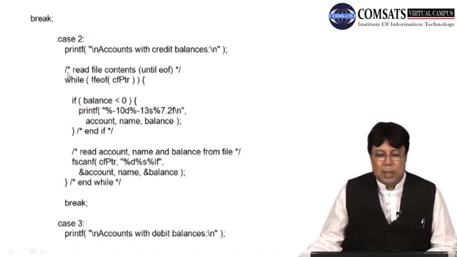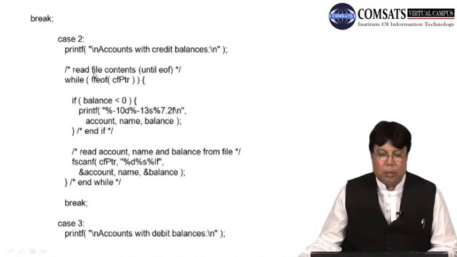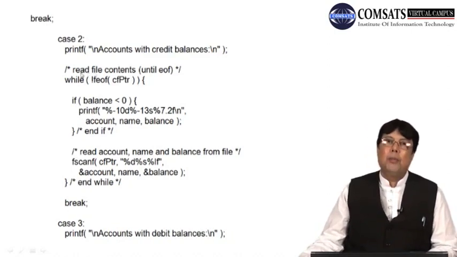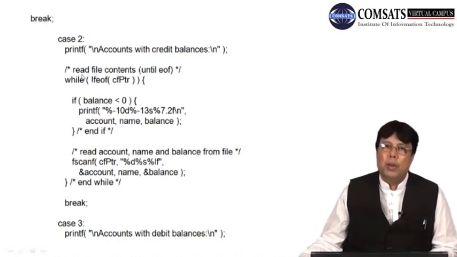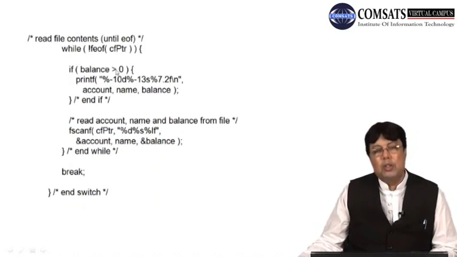So you can check the balance again just like that. If your balance is less than 0, then you can just keep on reading the data. It's very interesting that this time we are not reading the data from the keyboard, rather we are reading the data from the file, and we are handling a professional assignment and professional processing of the data here. Then case 3, for the debit balance, and debit balance means a positive balance.